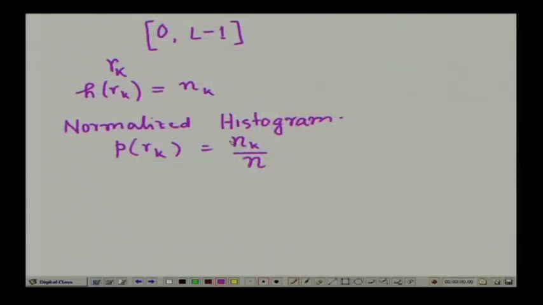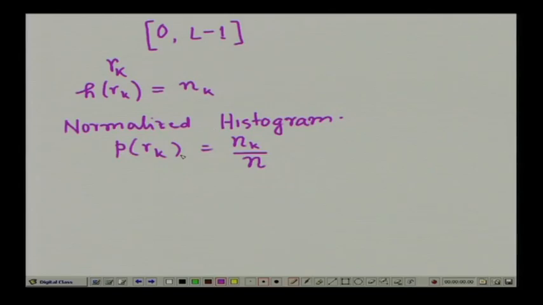From this expression, p(r_k) tells you the probability of occurrence of a pixel having intensity value equal to r_k.